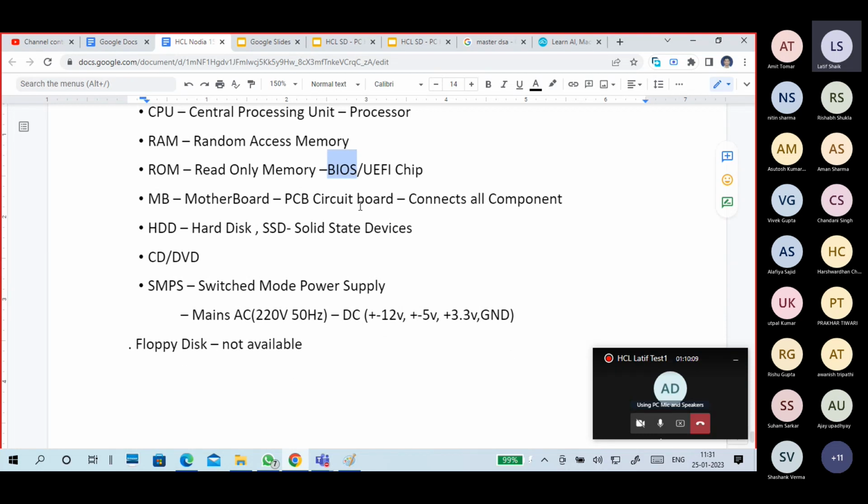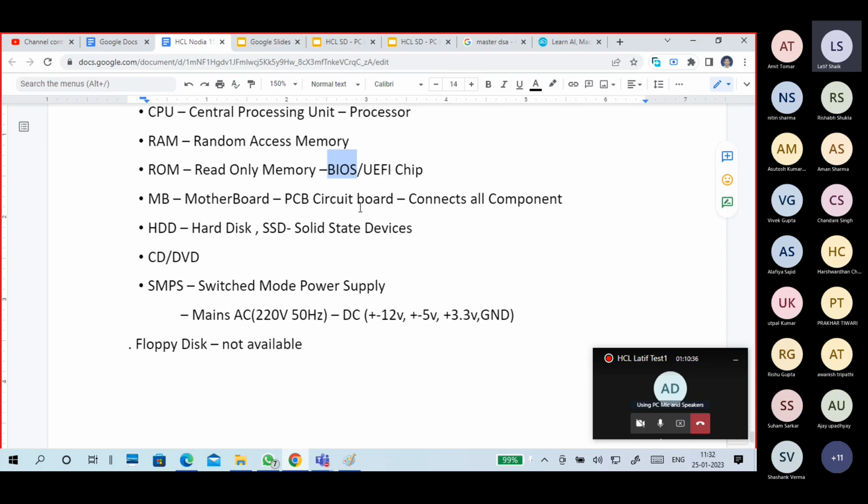Earlier days, we used a BIOS chip. The BIOS chip means the program inside this ROM chip called BIOS, the firmware. The program is actually a firmware, like software and hardware together. The firmware is a program.